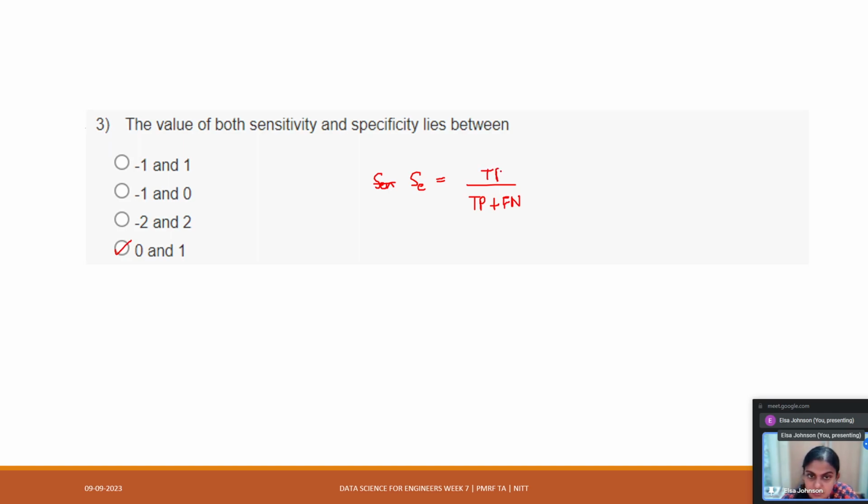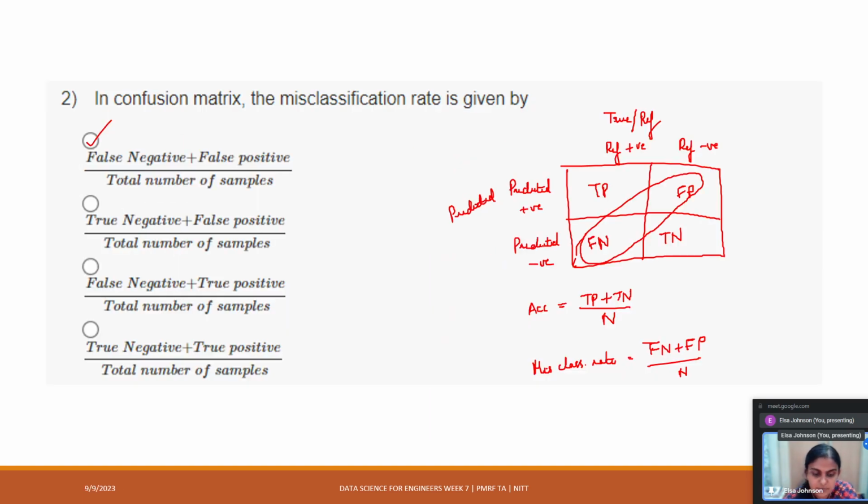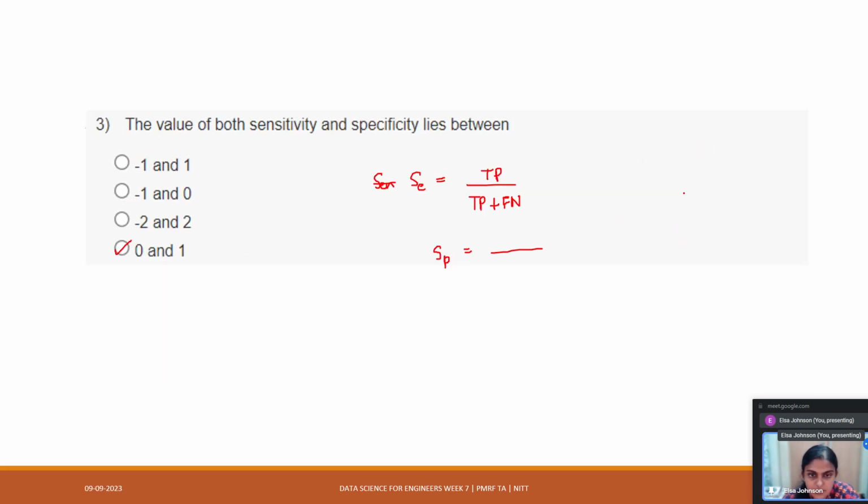From that, true positive gives the sensitivity, and specificity is the negative one. In the negative one, if you see the reference, negative things are true negative and false positive. So the total negatives come from the true negative and false positive.